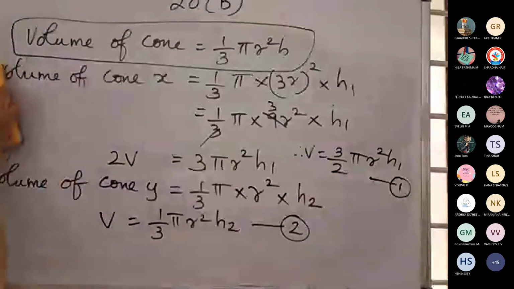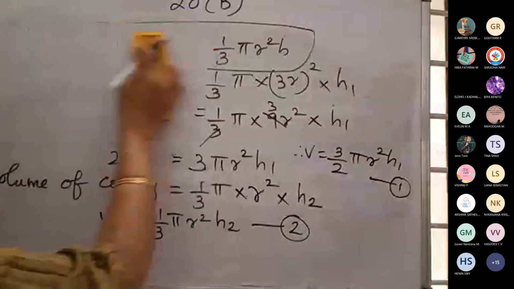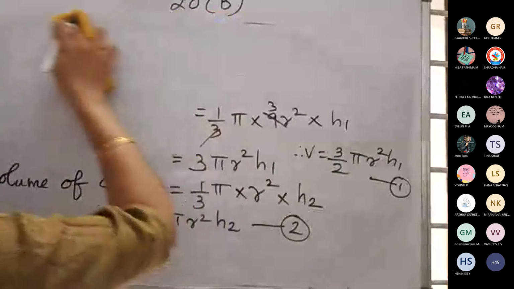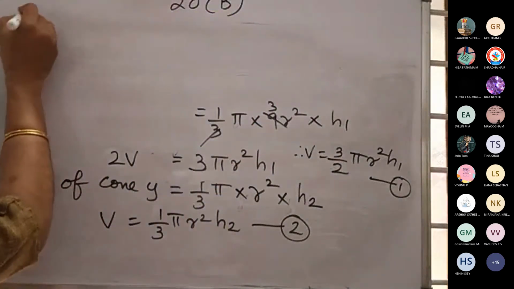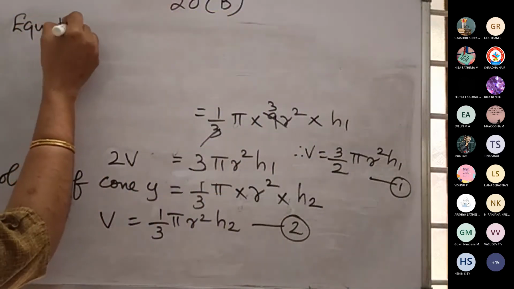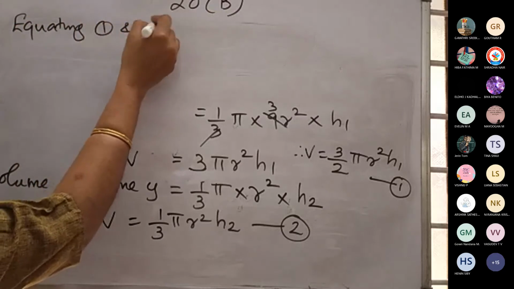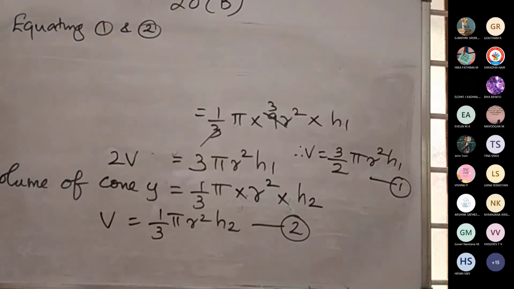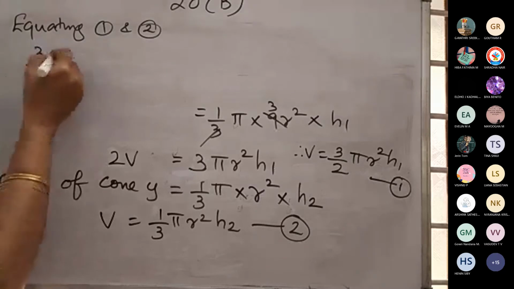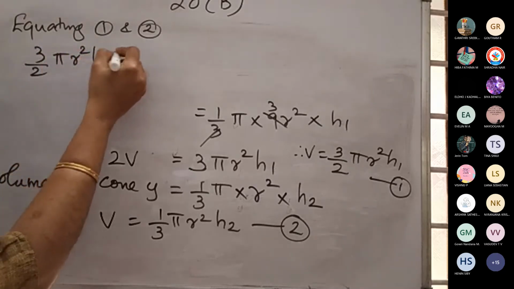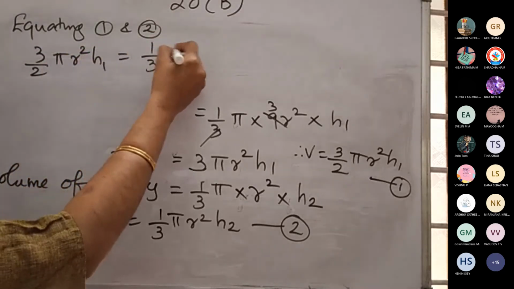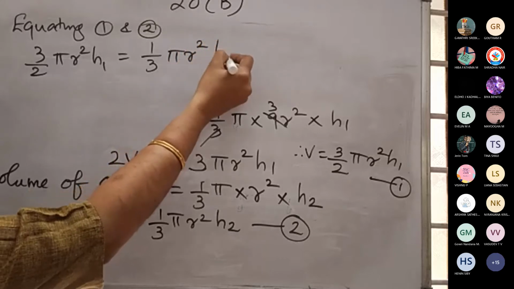Then equating 1 and 2, what we will get? 3 by 2 pi R square H1 is equal to 1 by 3 pi R square H2.